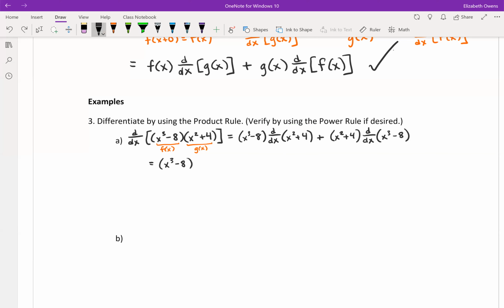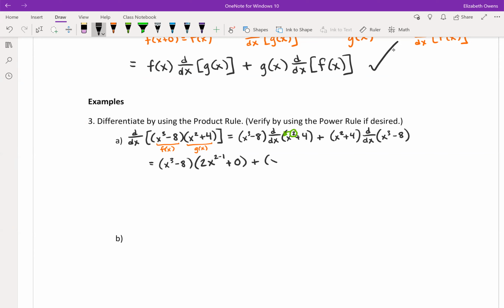So for the power rule, we're going to bring down the 2 from the exponent, bring it down as a coefficient now: 2x to the 2 minus 1 power, and then plus the derivative of that constant. The derivative of any constant is 0. So there's the derivative of x squared plus 4. We'll clean that up in just a second.